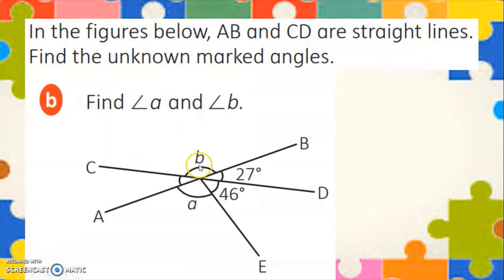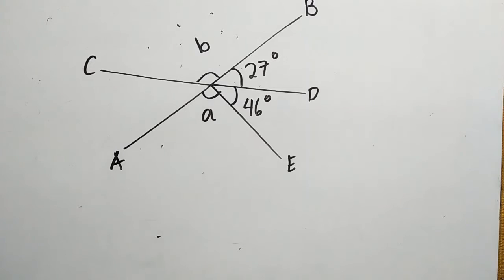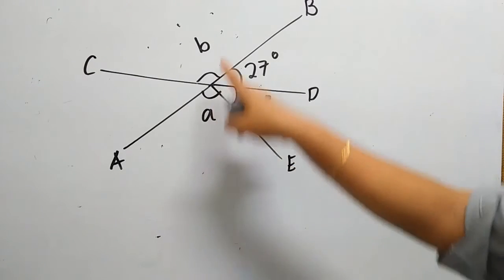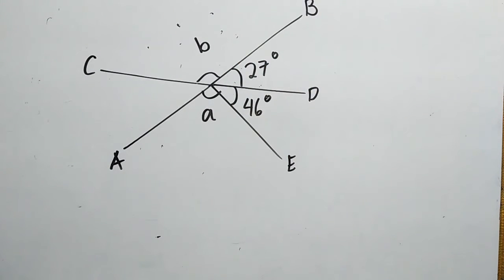Next, we're going to find angle A and angle B. Okay, take a look at this problem. We're going to find the measure of angle A and angle B. But we're not going to use the protractor to find the angles. So we're going to use the properties of the angles that we learned. So take a look at the angles.